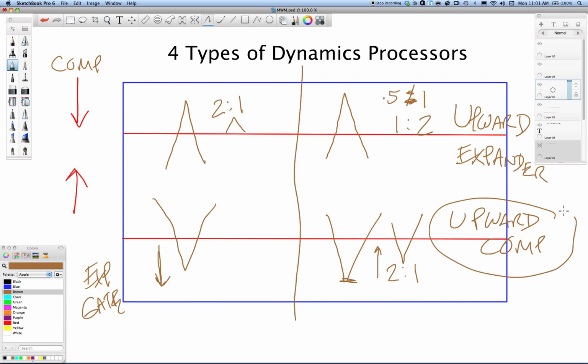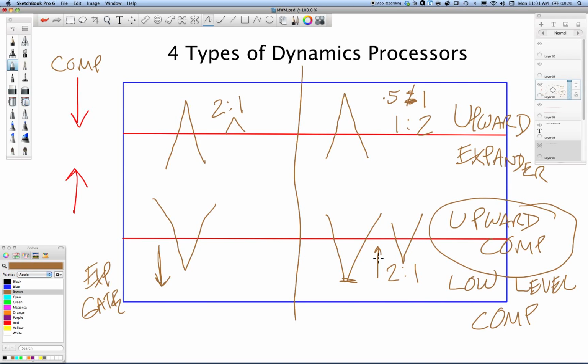Sometimes this form of upward compression is called low-level compression. And in low-level compression, essentially what you're doing is you're taking those low-level signals, a lot of the ambient energy, and bringing that up and making it audible. And what this does is it brings out a lot of the nuances and detail of the instrument. It also brings up noise. So there's something that you have to kind of play with there.